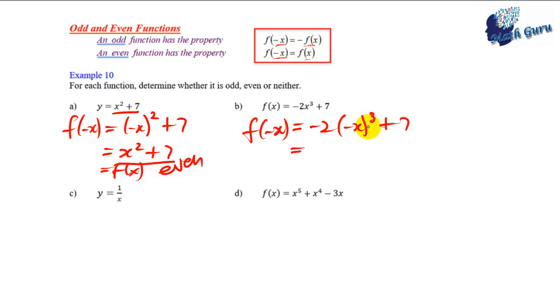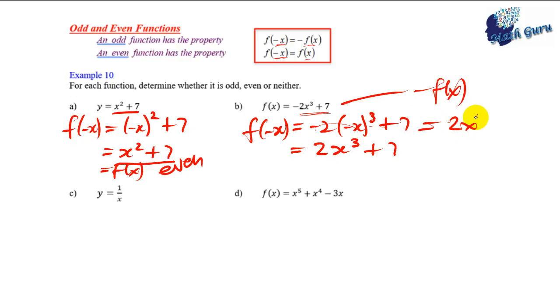Negative x cubed is negative x cubed, and if I times that outside, I get negative 1 times negative 2, which is 2x cubed plus 7. Now that's not exactly the same as f of x, and it's not the negative of f of x either, because negative f of x would be 2x cubed minus 7, because negative f of x is the negative of negative 2x cubed plus 7, and when you expand that out, you just end up with 2x cubed minus 7. So this is neither.